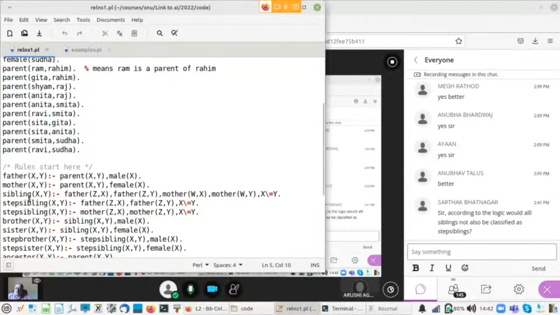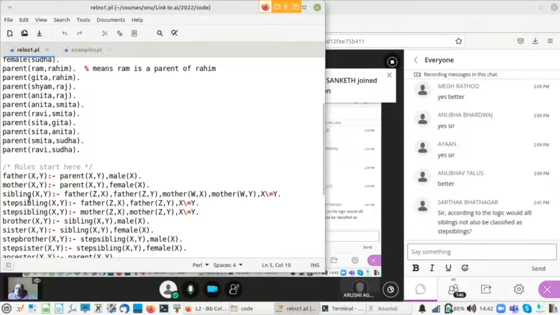As things stand, we have not defined step siblings completely, and we'll see later on how you can define that. For example, you can say the mother of X and Y should be distinct. So you can say mother of X should be, say, W, mother of Y should be something else, say V, and W is not equal to V. Right now we are not defining it that way, but you can add that, and I will come to the reason why we are not doing it shortly.